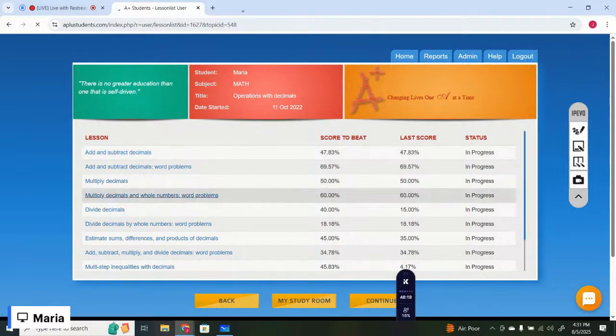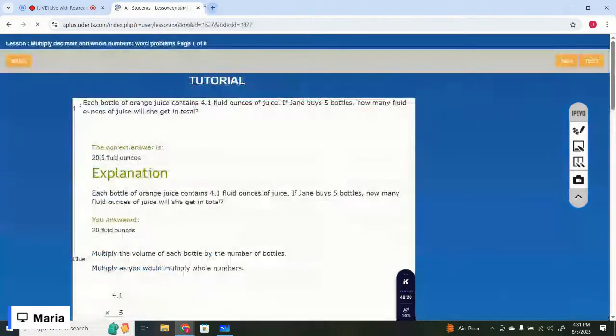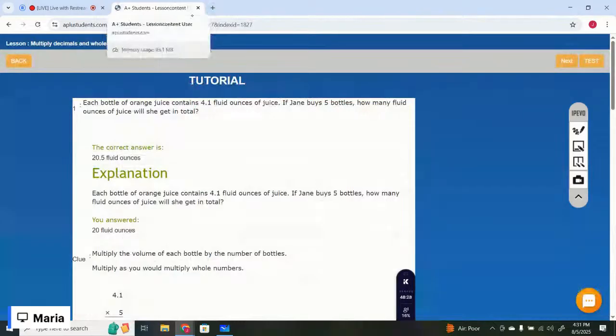That is multiply decimals and whole numbers. Let's just start with the test questions.